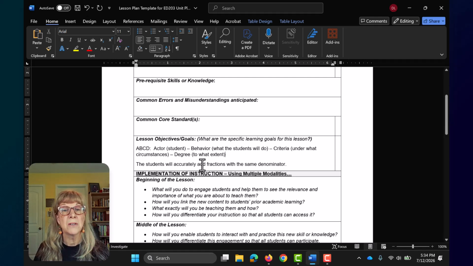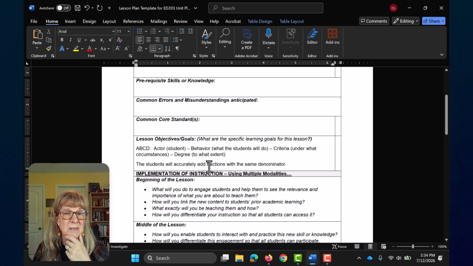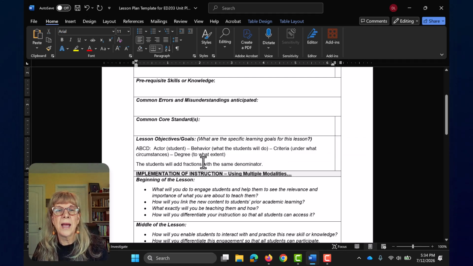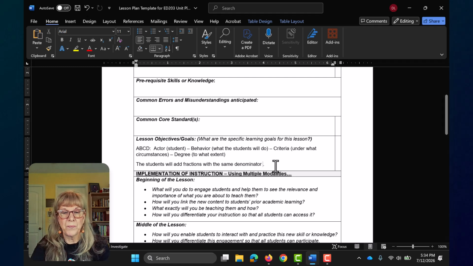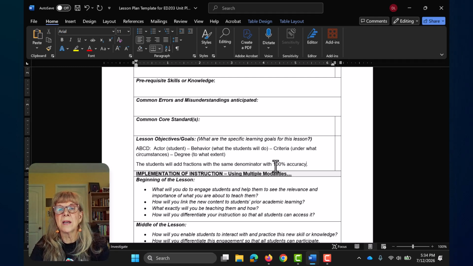For me in this lesson, I'm going to measure this with an exit ticket where I give them 5 problems. I want to see them do it accurately all 5 times. So I might want to say with 100% accuracy. I could say students will add fractions with the same denominator with 100% accuracy.